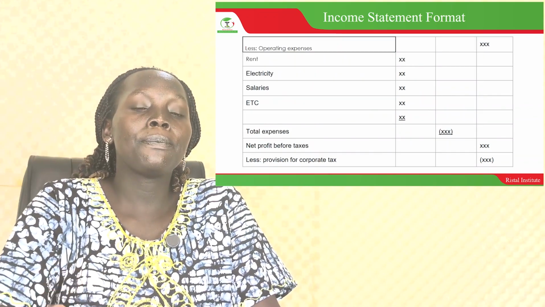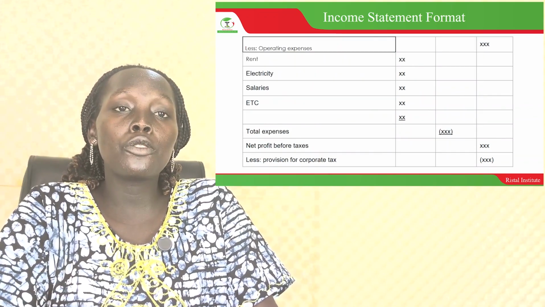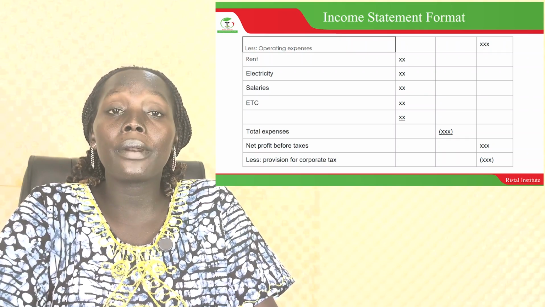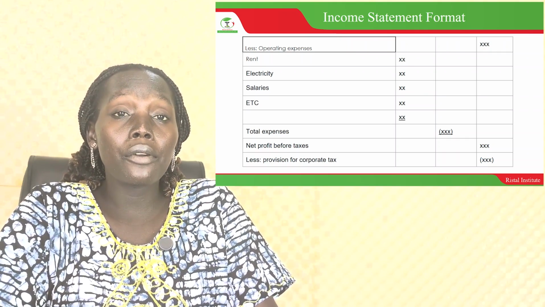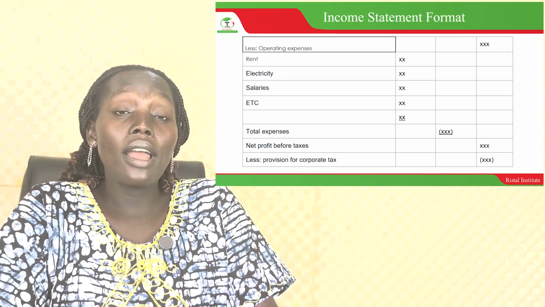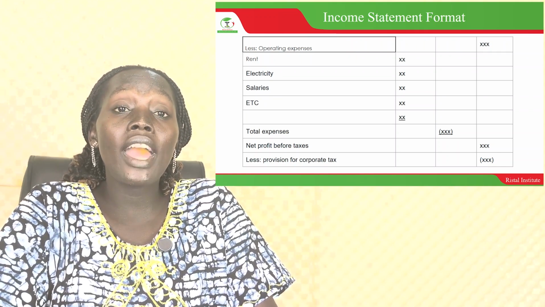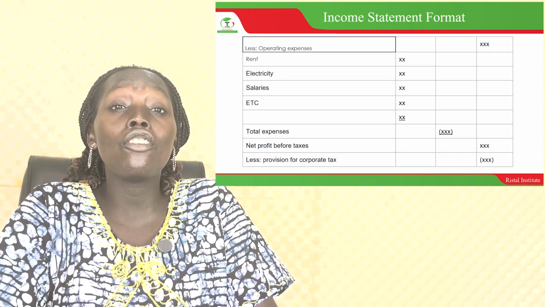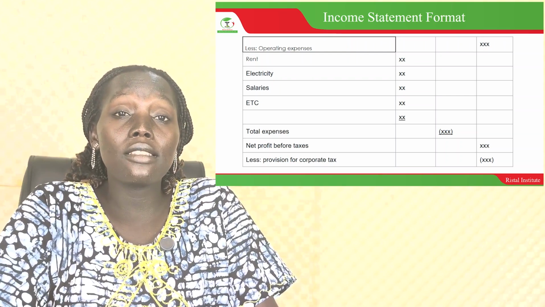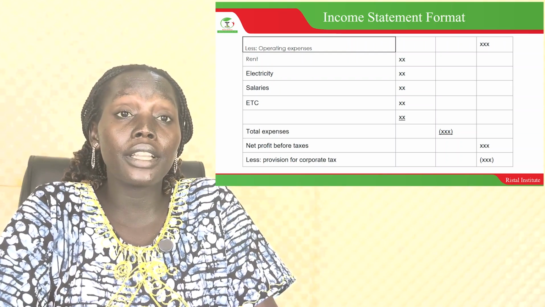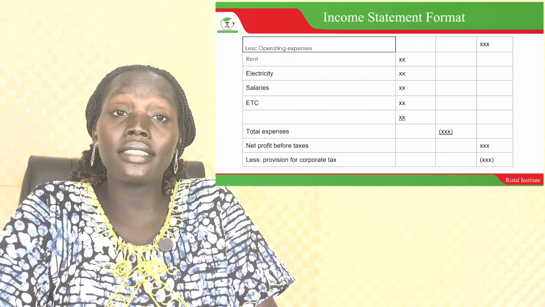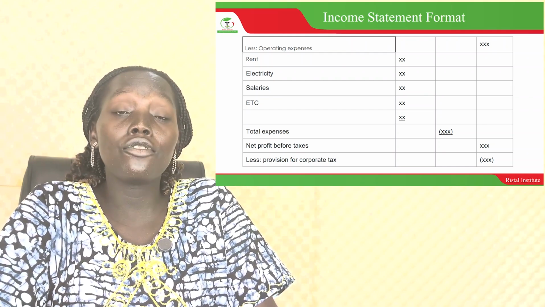And then after getting our gross profit, we less our operating expenses from our gross profit. Under our operating expenses, we identify what are your operating expenses in your business. For example, we have rent, we have electricity, we have salary, and we have so many others.